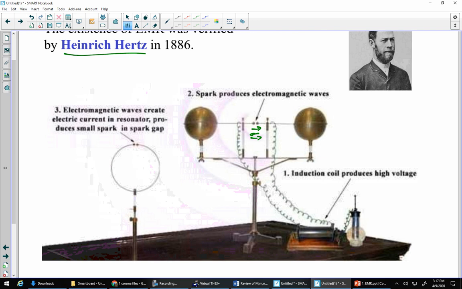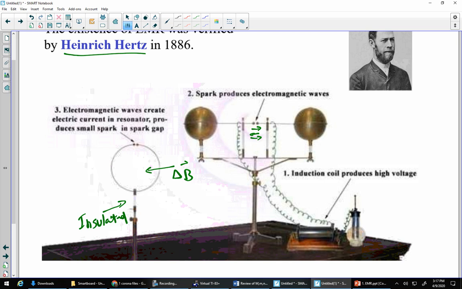Now, way across the room, he's got this metal ring on an insulated stand. So if we have a changing magnetic field that's passing in and through that ring, we know that a changing magnetic field should induce moving charges, right?